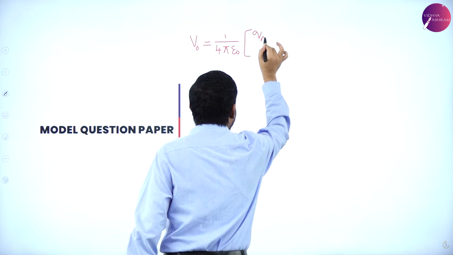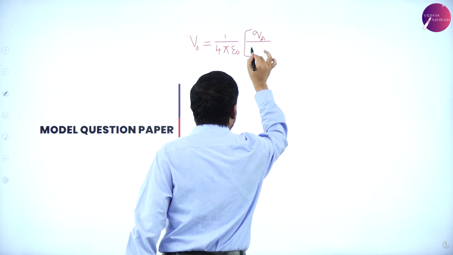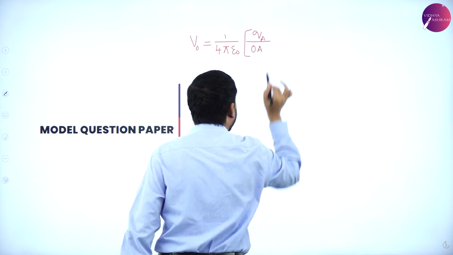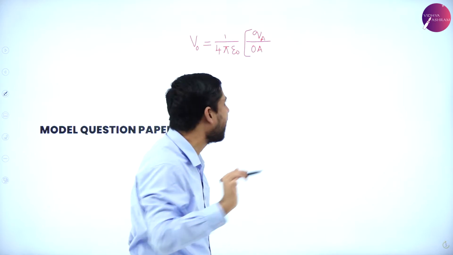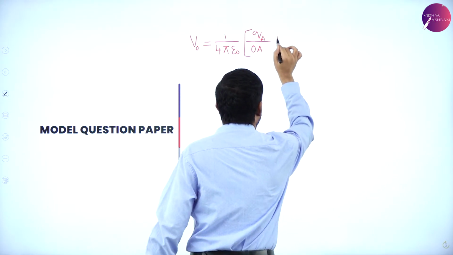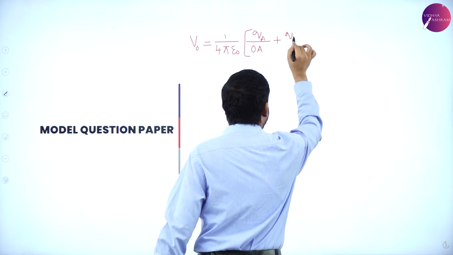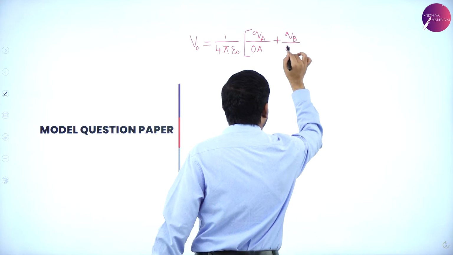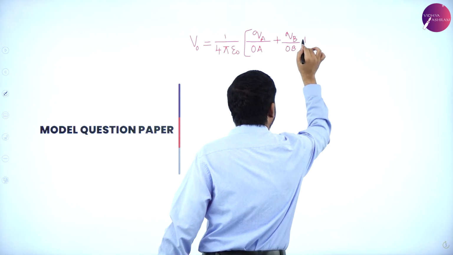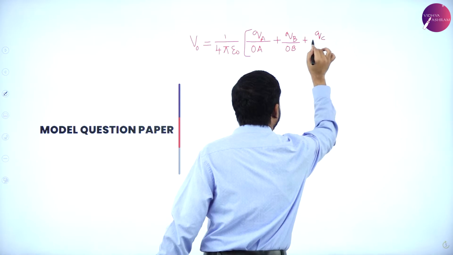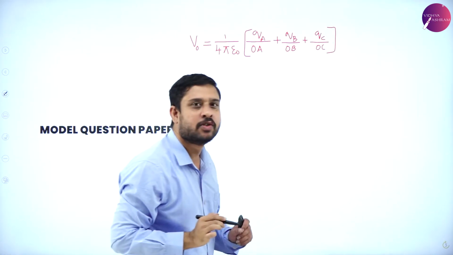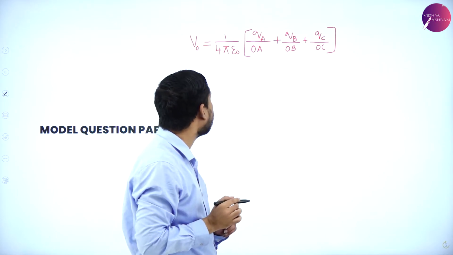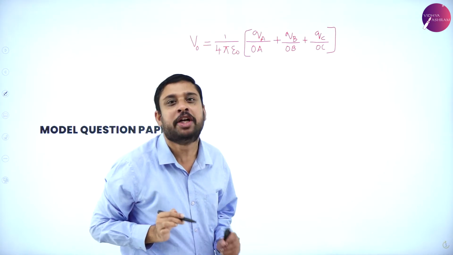Charge at A is QA divided by OA, the distance O to A, plus QB by O to B plus QC by O to C. So this is the potential at the point O.